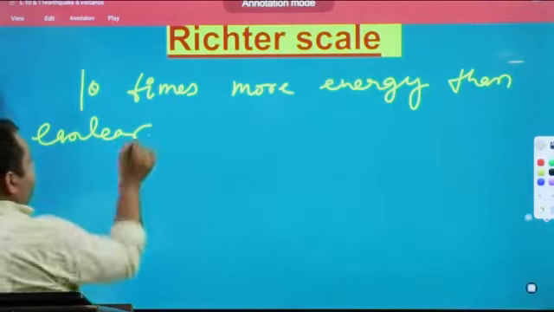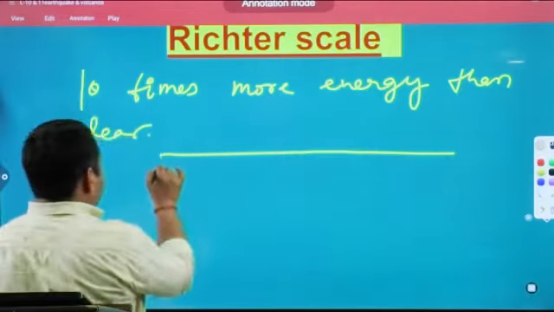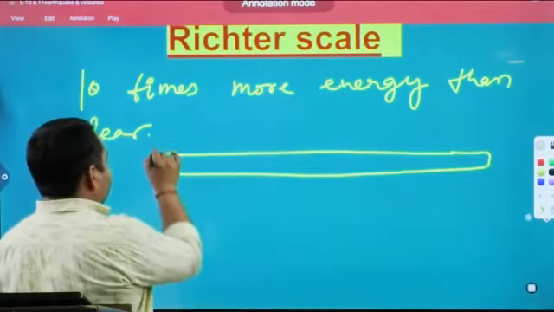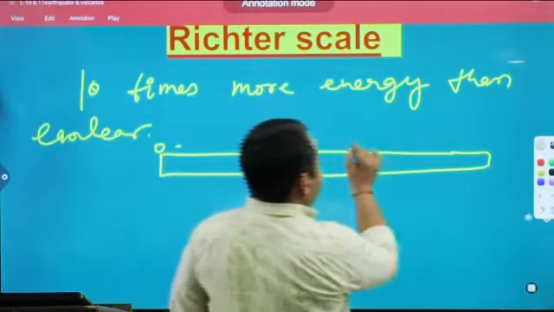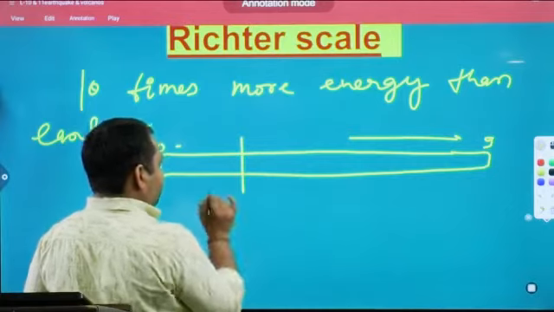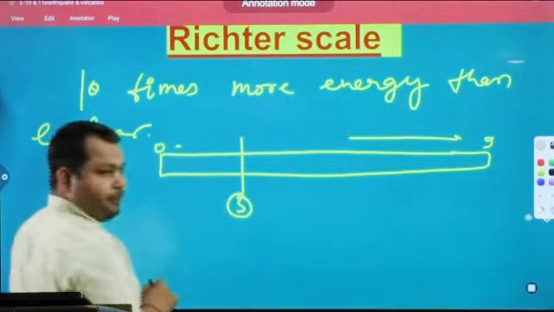Suppose this is the Richter scale and there are points represented between 0 to 9. We have measured the energy at point 3.